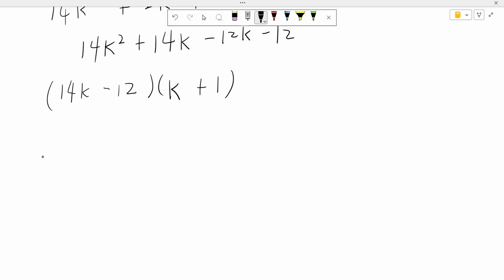Let's work on another problem. So 6p squared minus 35p plus 50.